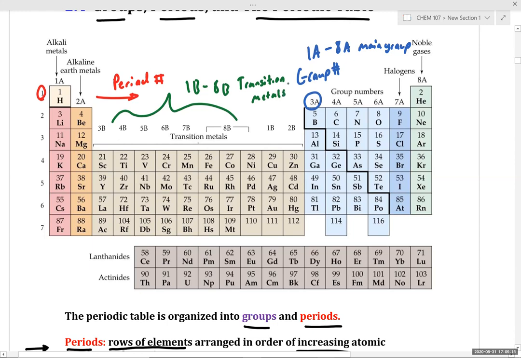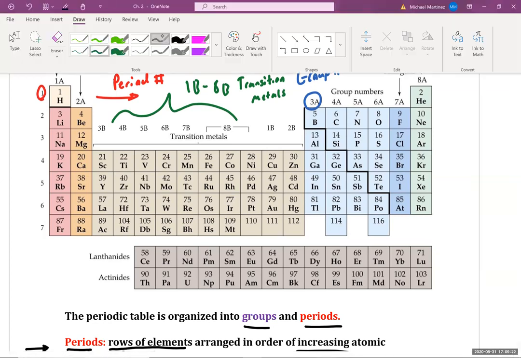Okay, we'll start to drill down and focus on the major groups and periods in the periodic table.